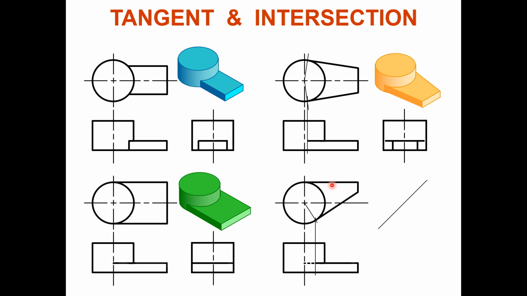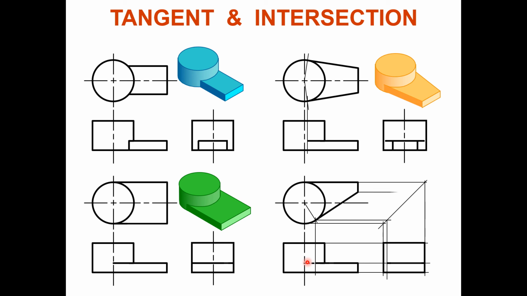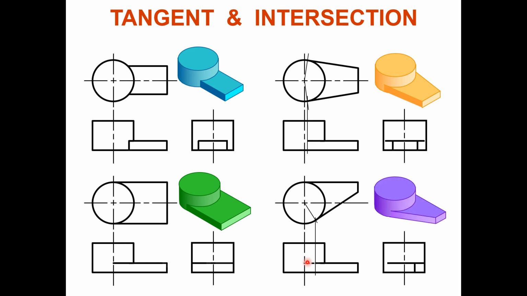And here also a dotted line is shown because the cut is extended to the center line, so that's why a dash line is shown. So that's the new thing, tangent and intersection.